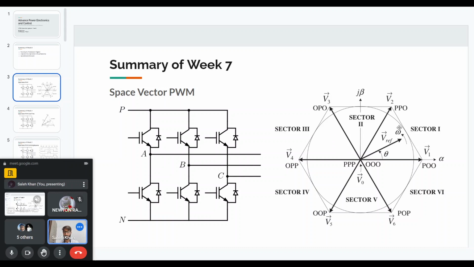Now, using the space vector concept from three-phase AC machines, we have 3 windings and we are giving three-phase currents. It makes a rotating magnetic field. Now we can think of it in the reverse direction as well.